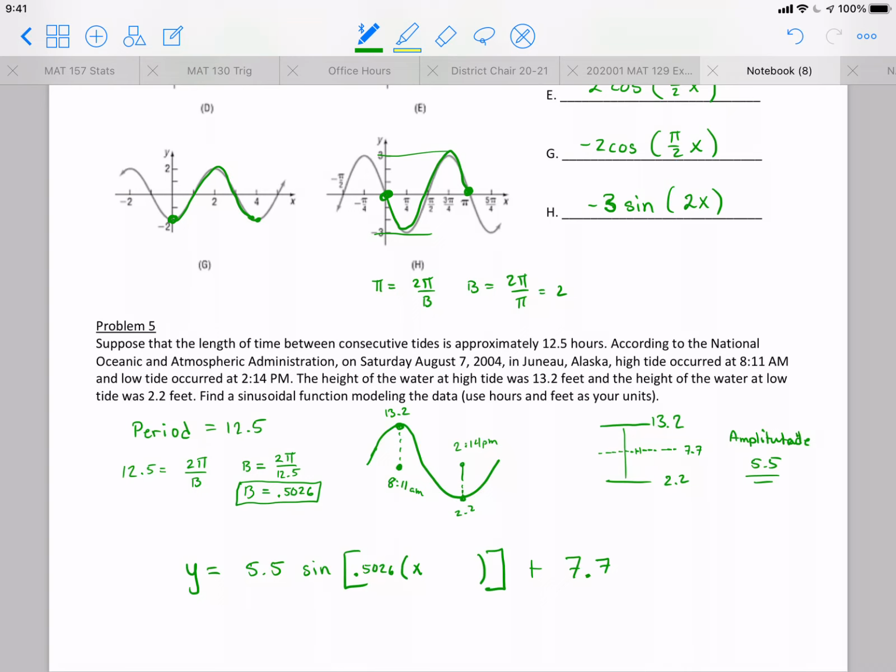Oh, crud, what do I do here? All right, now in a sinusoidal function, this is a quarter, this is a quarter, this is a quarter, this is a quarter. And so in other words, that's like half.